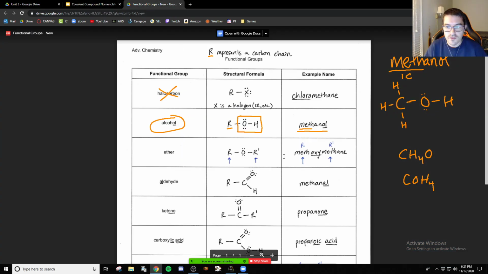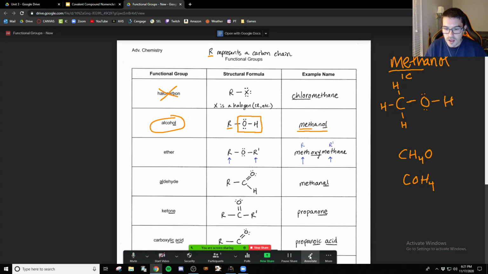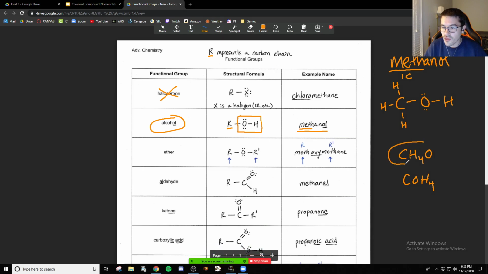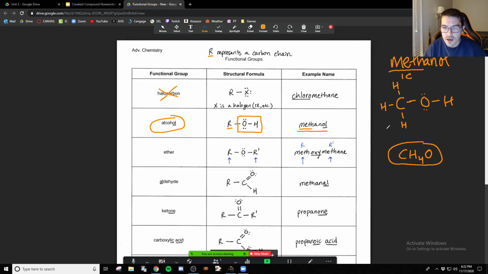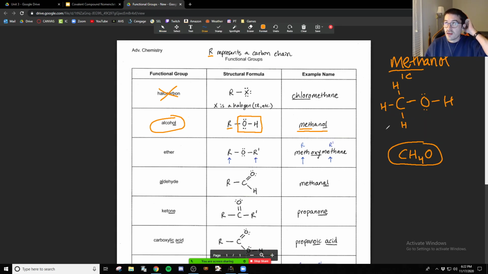So let's go back to the functional group page here. And so that means we would want to pick this formula here, CH4O, for our formula for methanol, okay? Now, one other thing that I do want to mention, there are some other ways to write the formulas that still convey the same information, okay? Some people write their formulas in what's called a condensed structural formula.